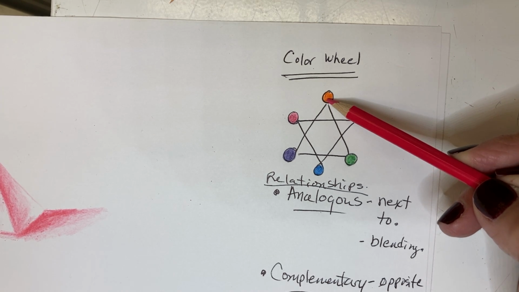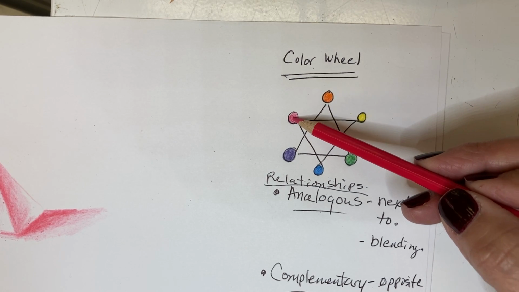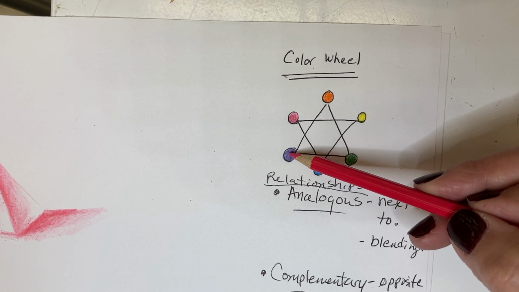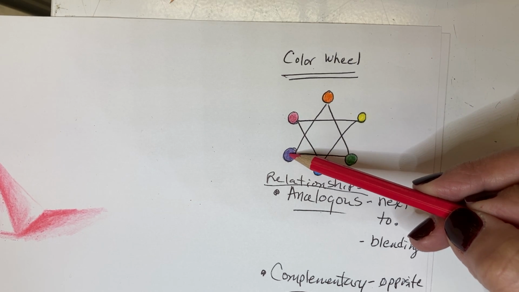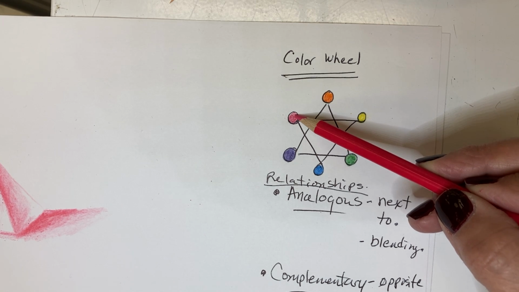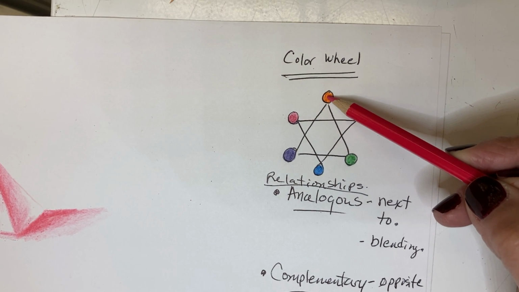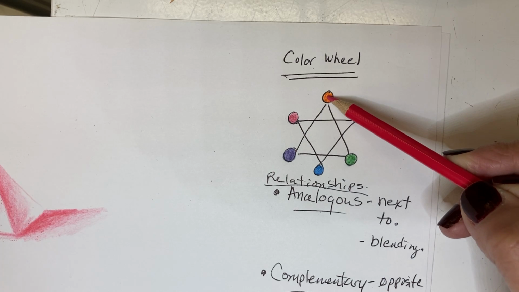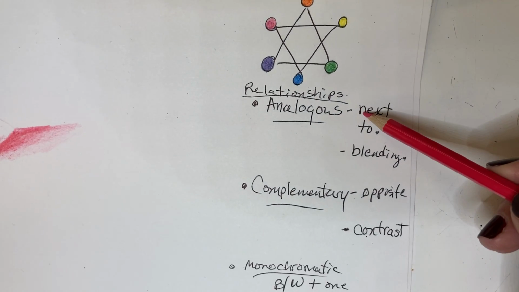So, in order to get darker with red, we could pop in a little bit of purple according to theory. And if we'd like to get a little lighter with red, we could add in a little orange.